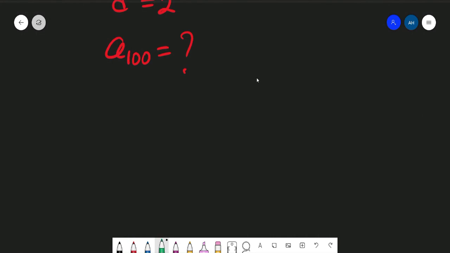That is AN is equal to A1 plus N minus 1, multiplied by D, where AN is the nth term, A1 is the first term, N is the number of terms in the sequence, and D is the common difference.